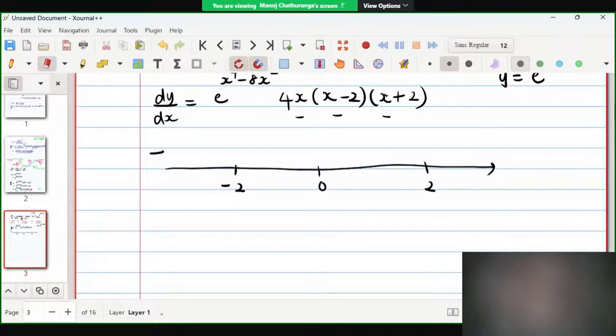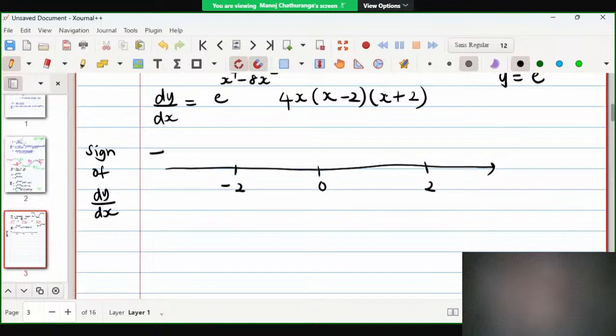So for a point way below negative 2, the derivative is negative. At negative 2, it is 0.